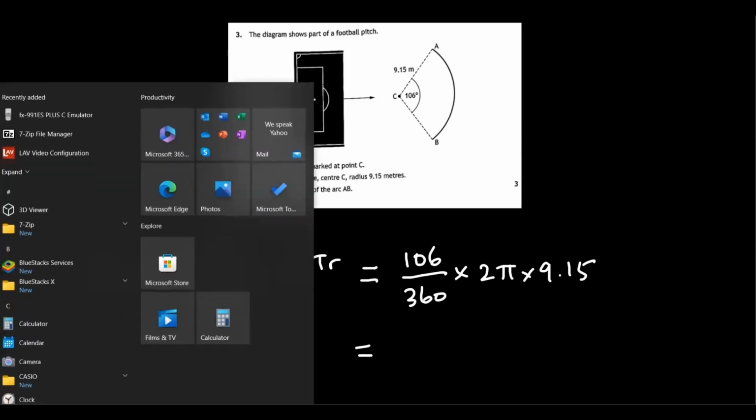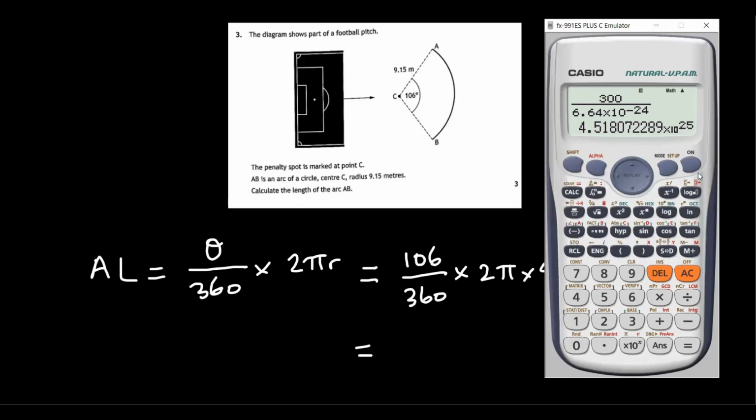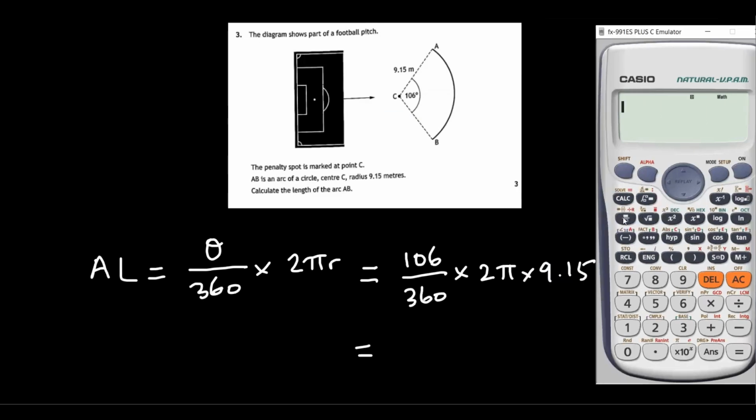And then to do that on the calculator, we'll just get the calculator. So that would be 106 over 360 times 2 pi, and then shift pi to get the pi symbol, and then times 9.15.